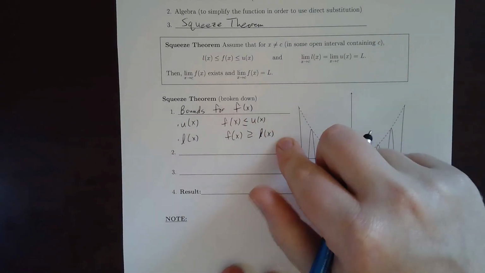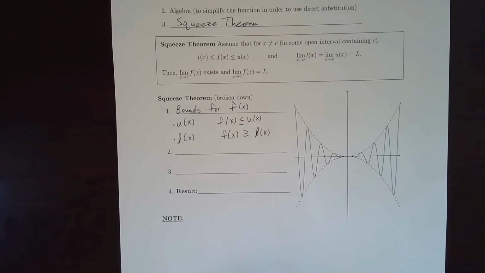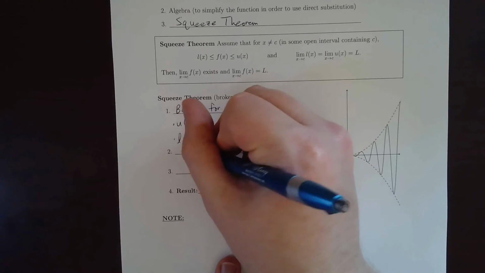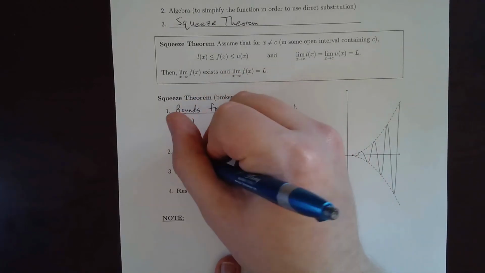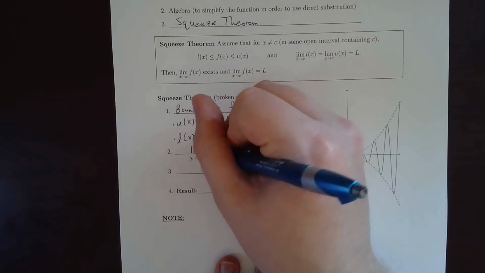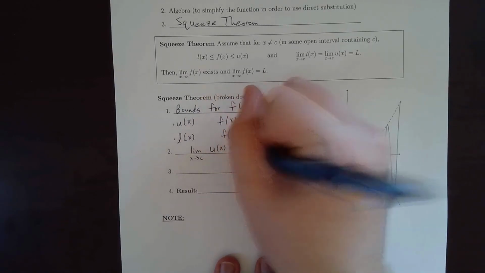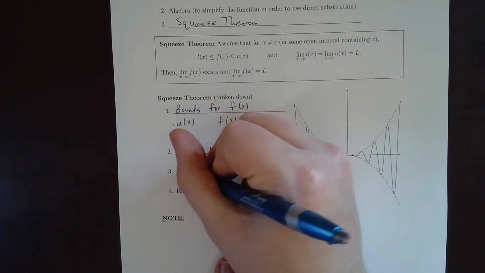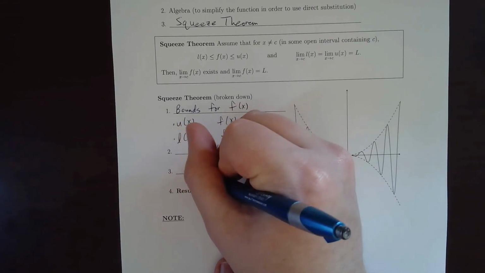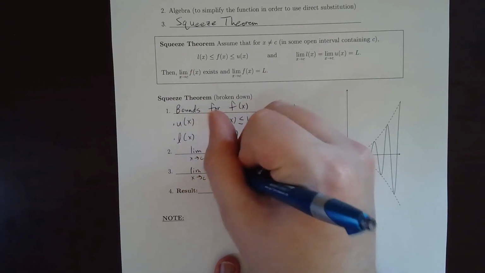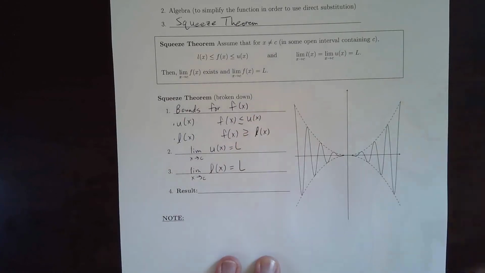So something bigger and something smaller. What we know is that our limit as x approaches c for the lower thing is equal to L, and our limit as x approaches c for the upper thing is also L.